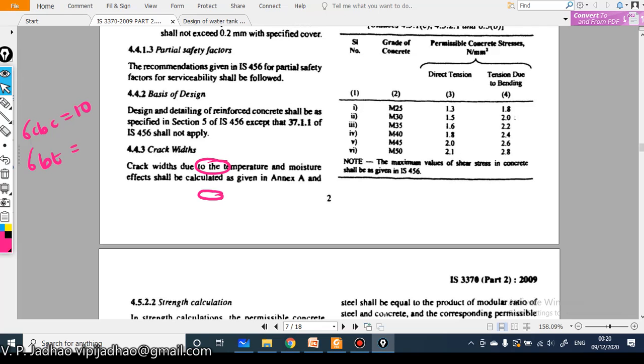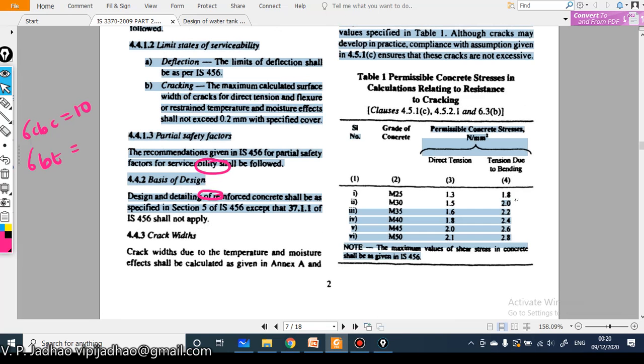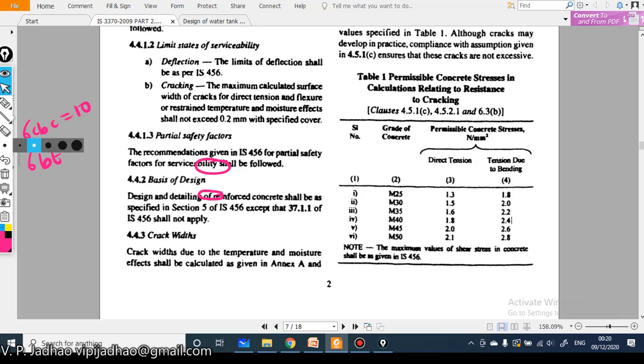In table number 1 of IS 3370 2009 part 2, for M30 we have sigma BT as 2. Then the value of sigma CT is given here, that is 1.5 for M30.